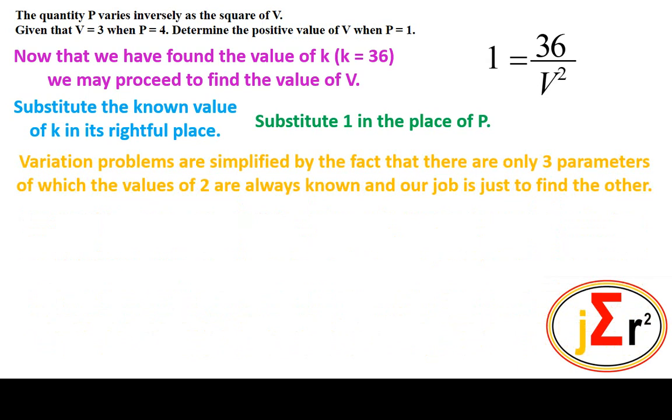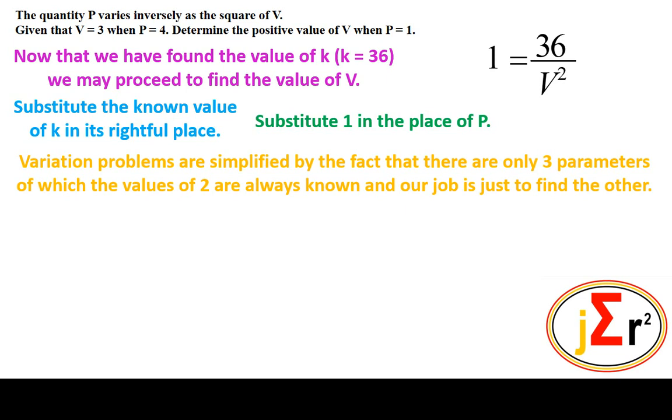Variation problems are simplified by the fact that there are only 3 parameters of which the values of 2 are always known, and our job is just to find the other one. Always 3 parameters, and we always have the values of 2.